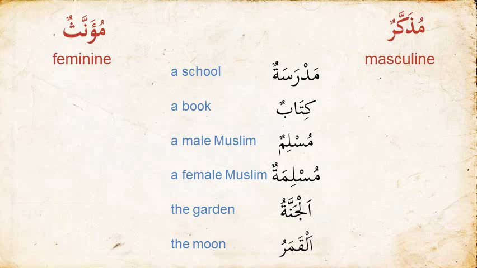So if you look at the list, what I'd like you to do is pause the video and go through the list and decide whether each word is either mudhakkarun, masculine, or mu'annathun, feminine. So pause the video and complete the exercise, inshallah, and we will mark the answers in a moment.